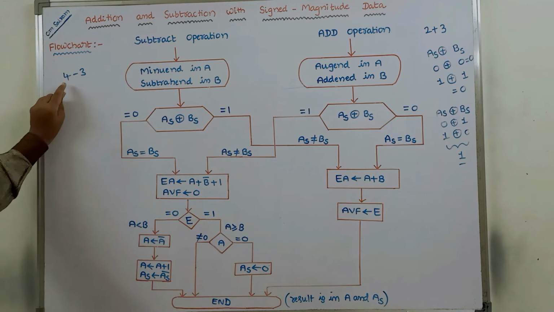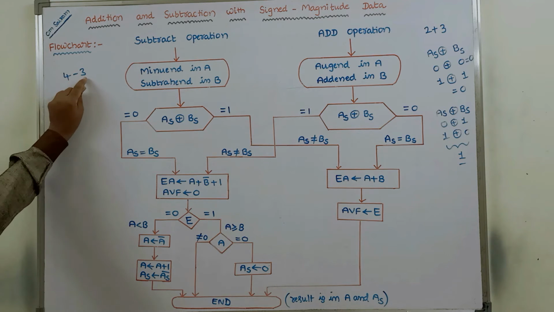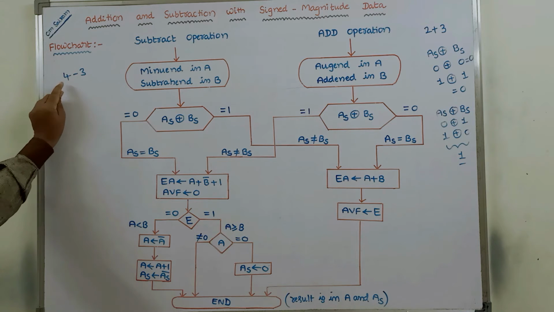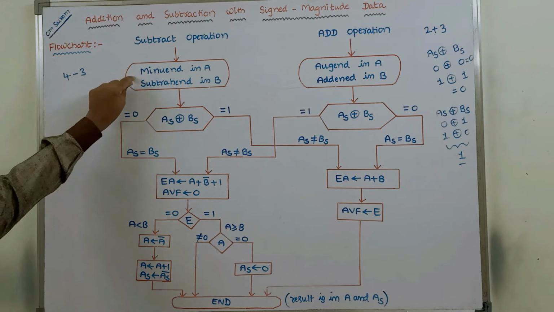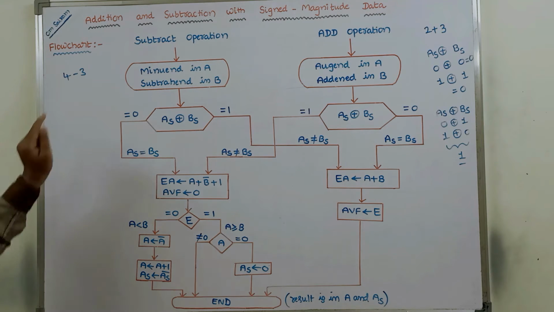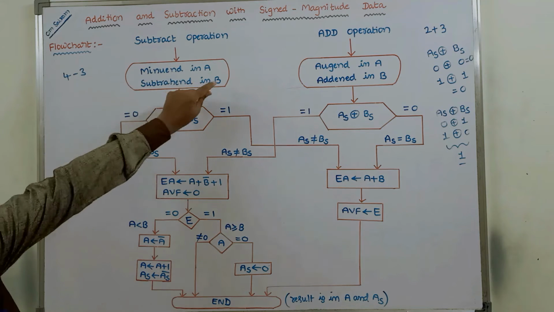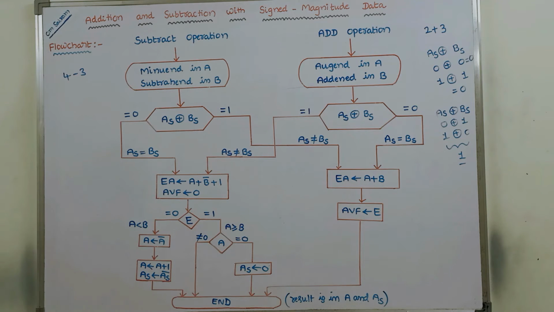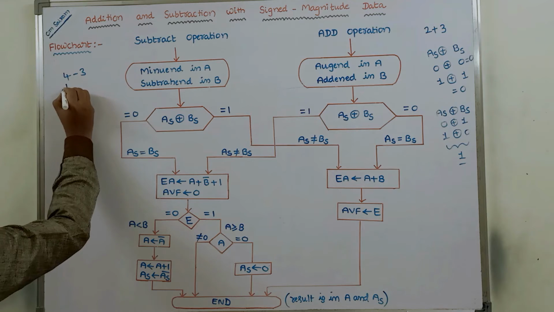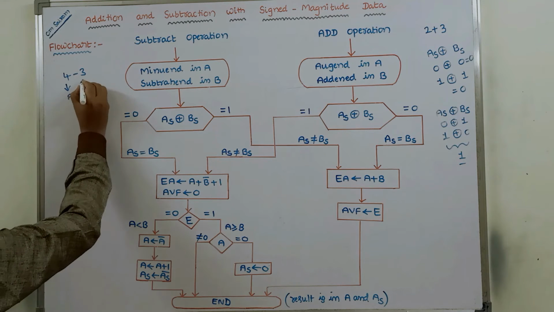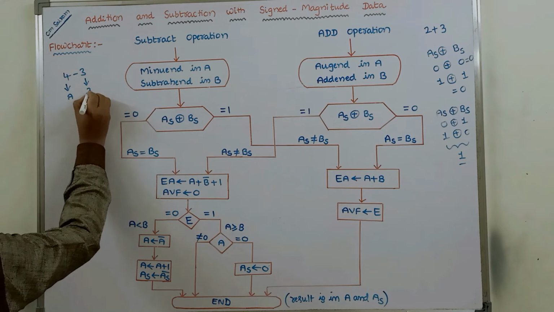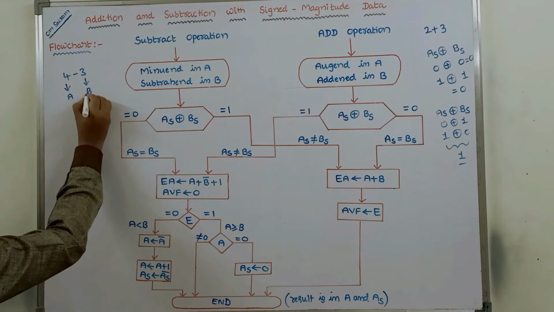The first number is called the minuend and the second number is called the subtrahend. Here 4 is the minuend, stored in register A, and 3 is the subtrahend, stored in register B.